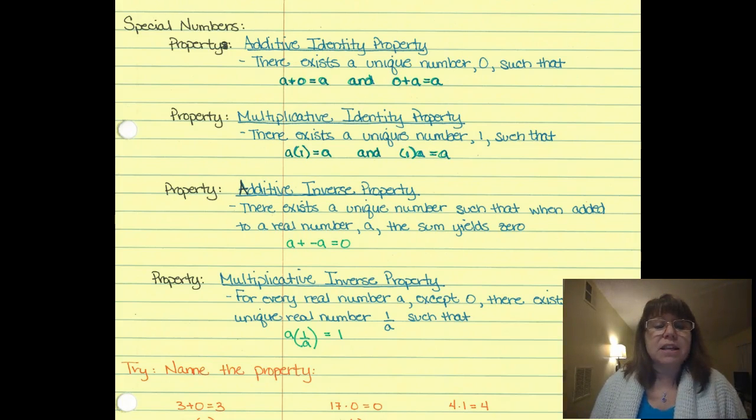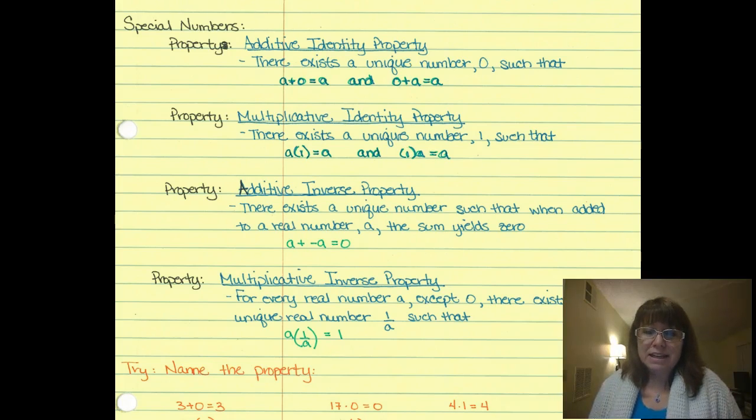So a plus the opposite of a will get me 0. So let's pretend a is 2. What's the opposite of 2? Negative 2. So 2 plus negative 2 will give me 0.